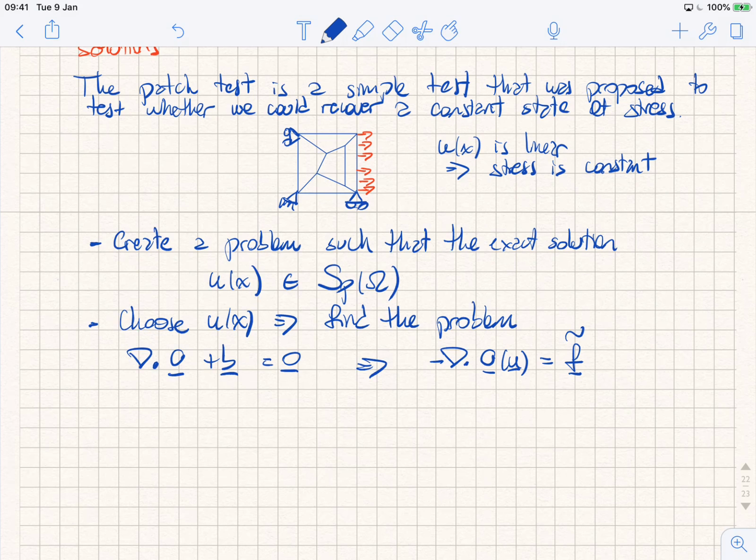It's not a body force, it's a pseudo body force. So by choosing your solution, basically what you're doing is asking, okay, what would be the body force that I have to include in my approximation to solve my problem to get me that solution back. Okay, so when you do that, then you solve.